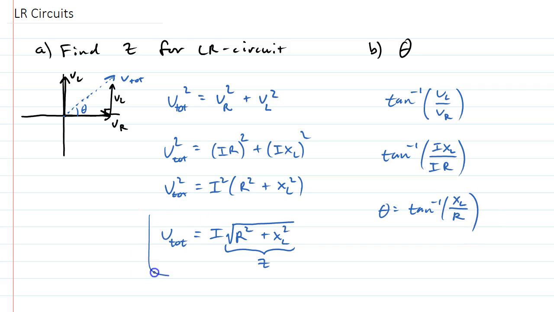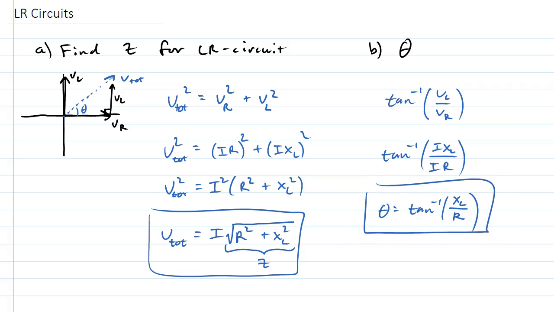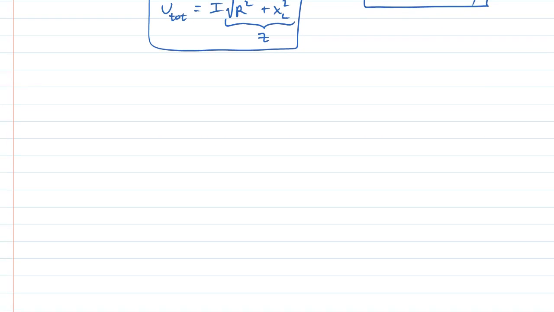Alright, now that we have these for an LR circuit, let's set up a problem and figure out the V and the phase angle for this. For example, let's say we had an inductor with 120 millihenries.